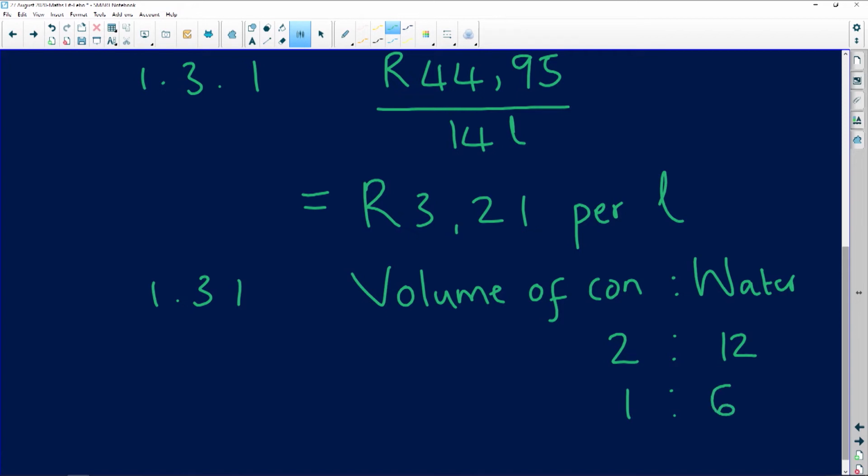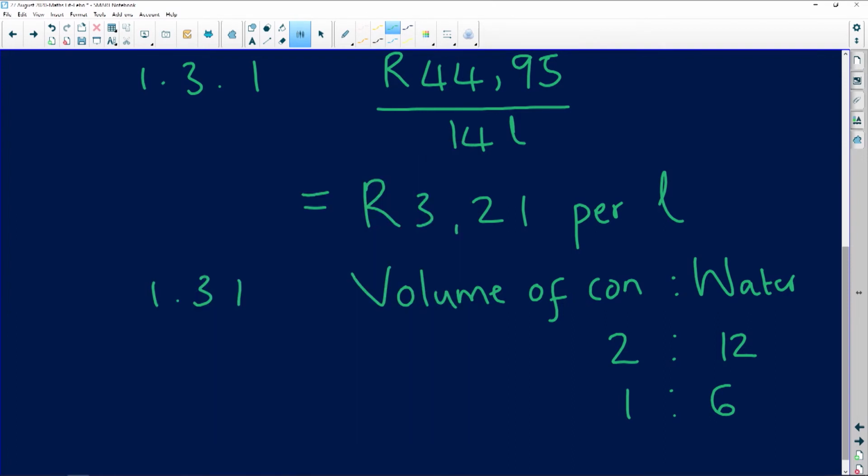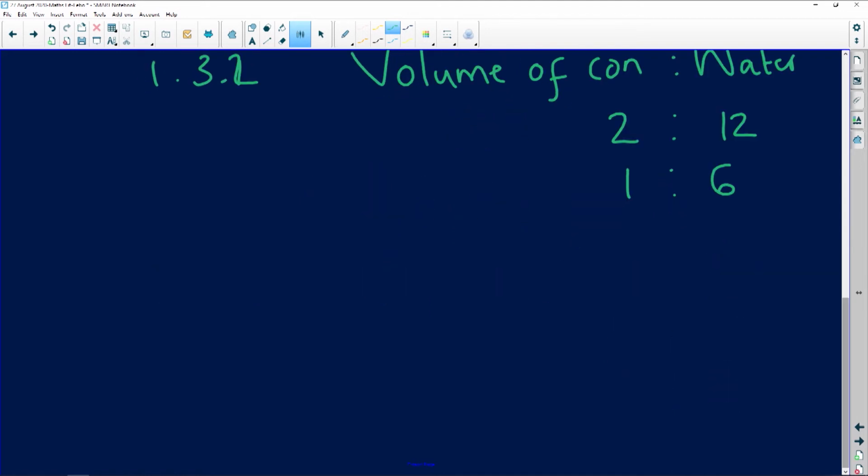Let me see if it works on the calculator: 2 over 12. Oh, look at that. 1 is to 6. Beautiful. Another nice way that you can use your calculator and not frustrate yourself. Stunning. I love using the resources that I have around me to make everything better for myself.